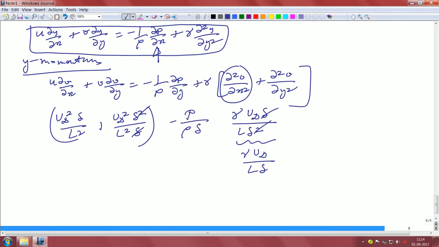Now we come to a crucial juncture over here. So, your dp by dy, as you can see, is proportional to something like mu u infinity divided by L delta.